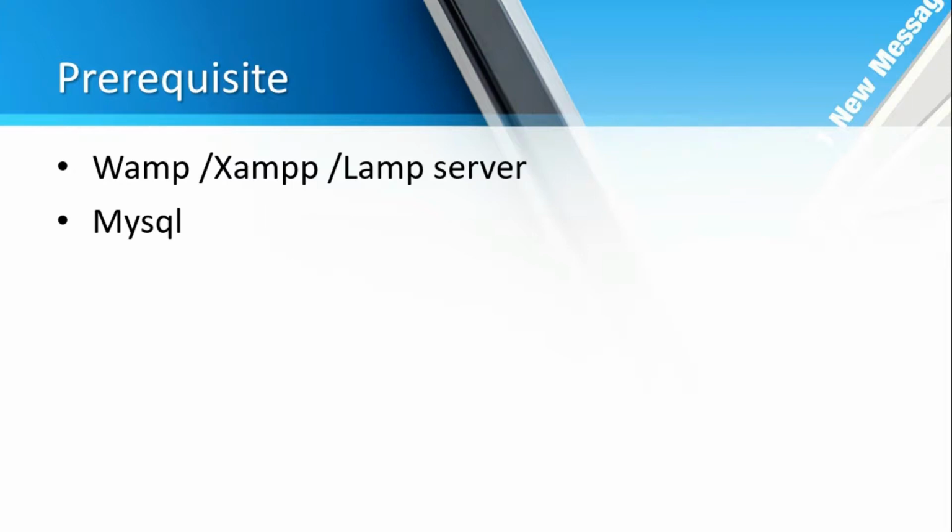In my case, I have installed XAMPP server and I have installed MySQL separately, because I am using that MySQL for some other projects also. Your case might be different because you might be working only on PHP. If you install XAMPP server, within it you'll get your Apache server as well as MySQL.